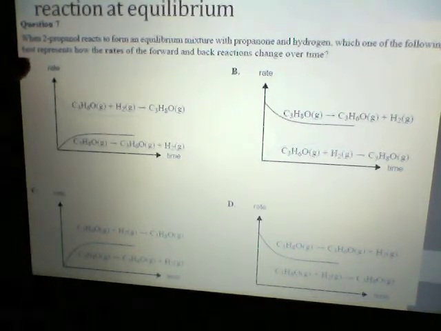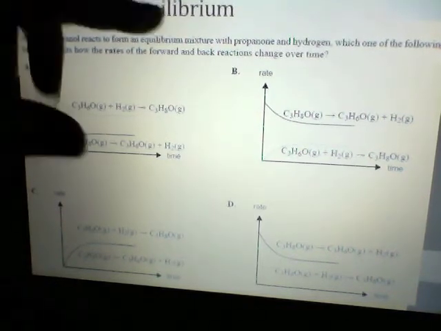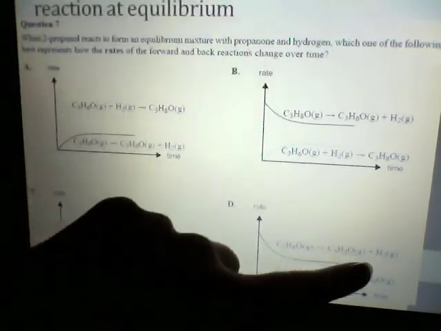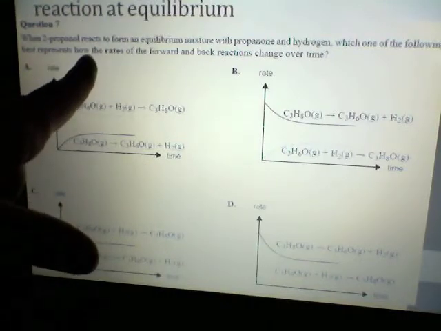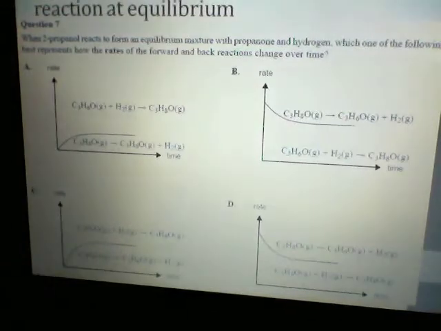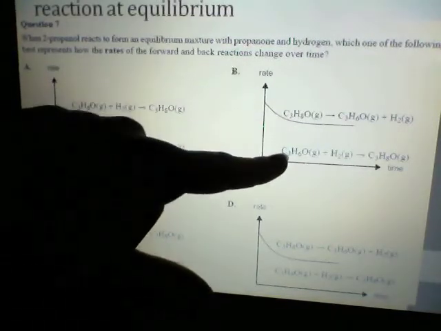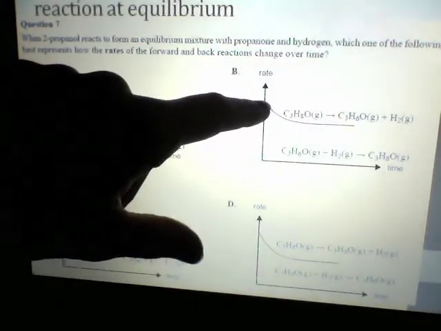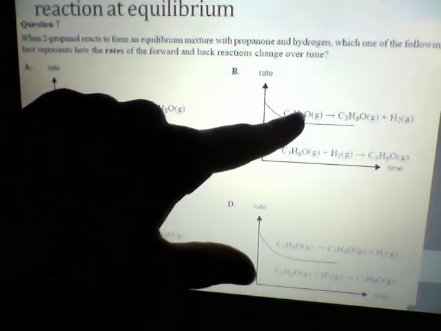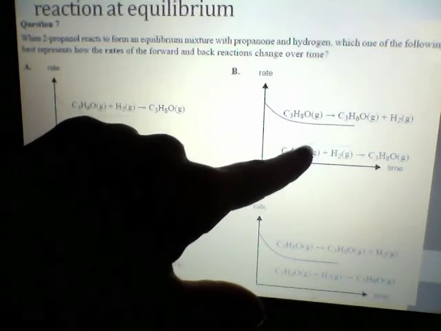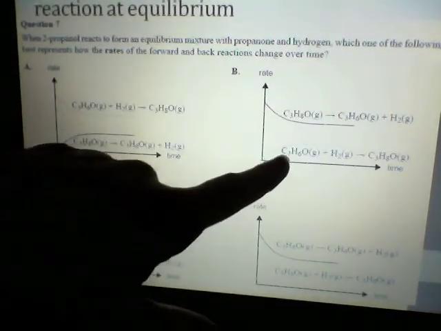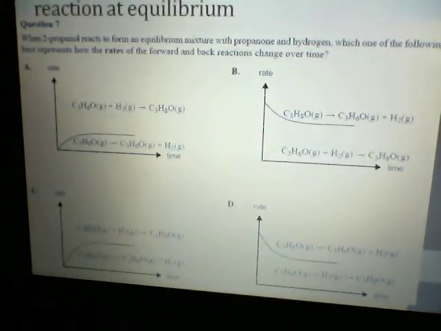So we can remove A and C. Now B and D both have the forward reaction at the highest rate and then decreasing over time. But let's look at how they differ. Over time, the rate decreases because we decrease the concentration of our reactant, and the rate of the reverse reaction increases because we're increasing the concentration of our product.